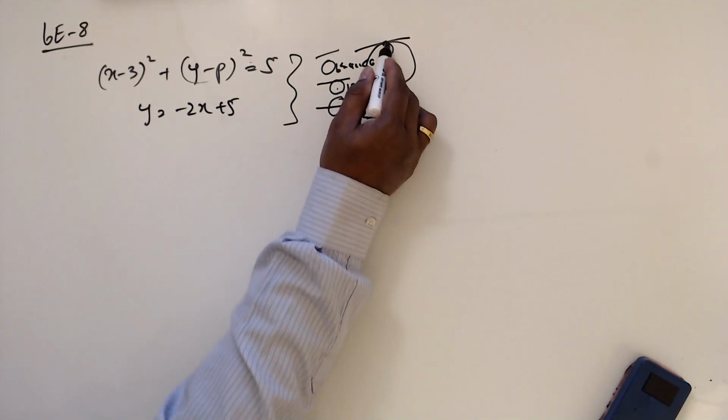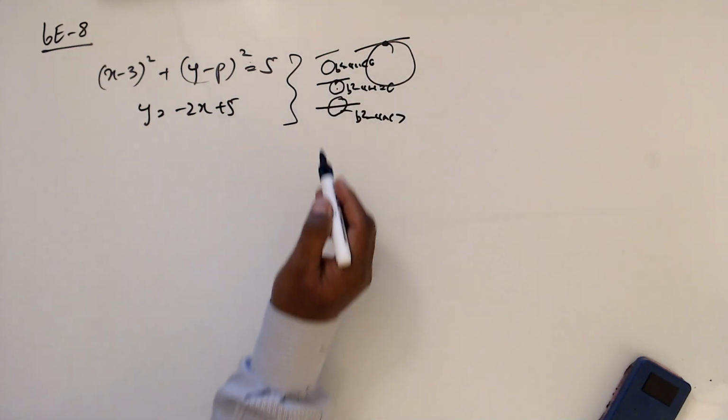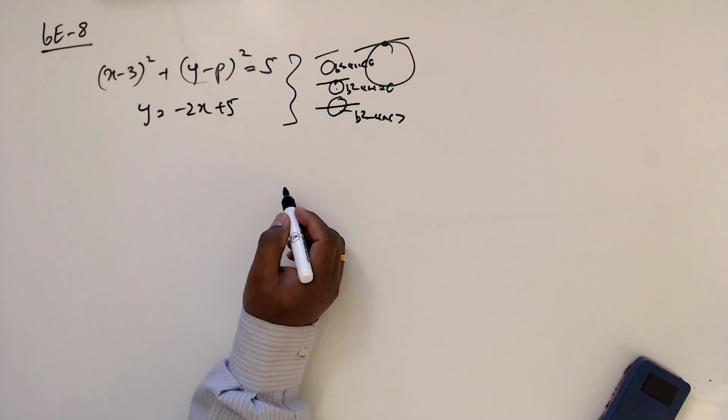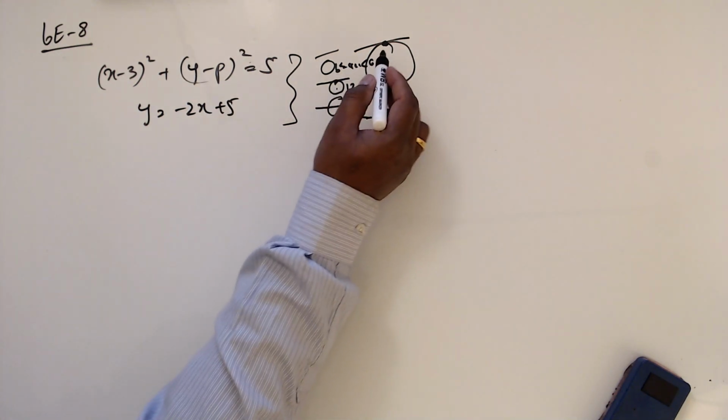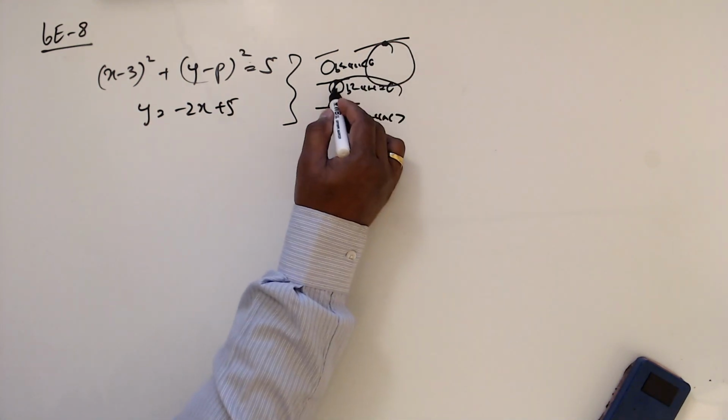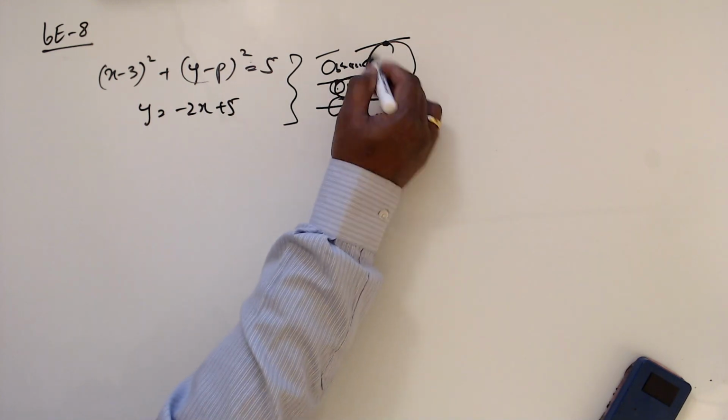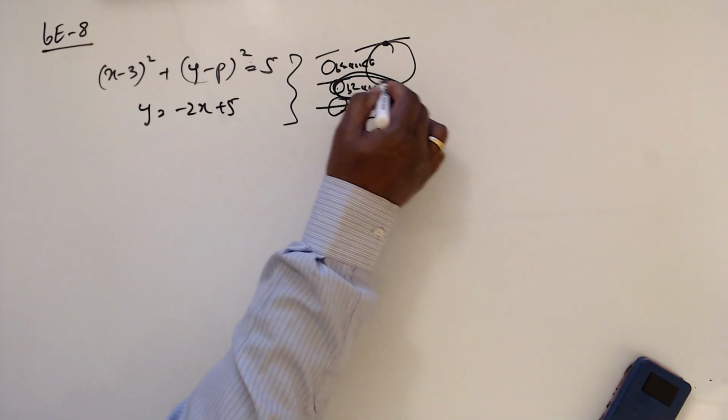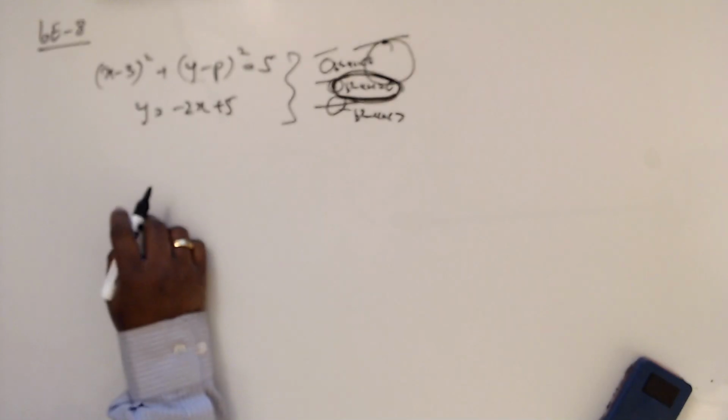Now touching means it has one root. So we are working on that. The line touching the circle means b² - 4ac = 0.